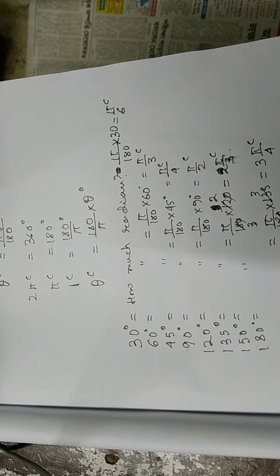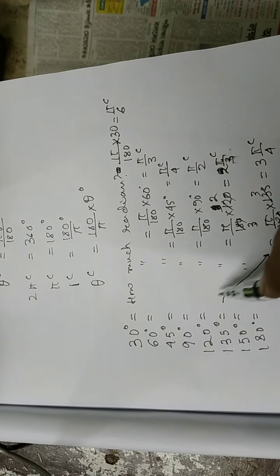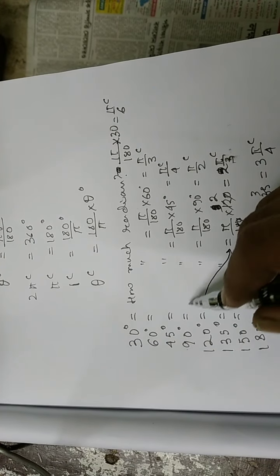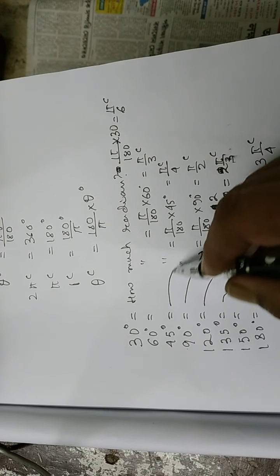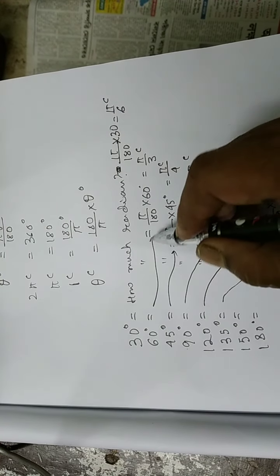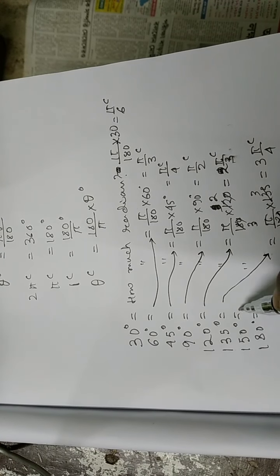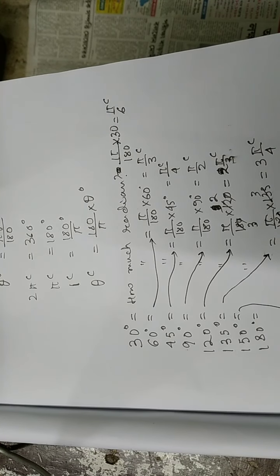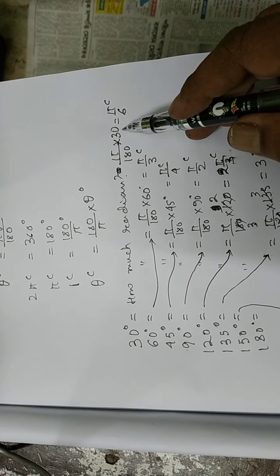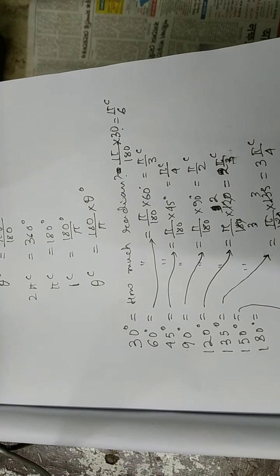150 degree is pi by 180 into 150. If you take 30, 30 into 5, that is 5 pi by 6.